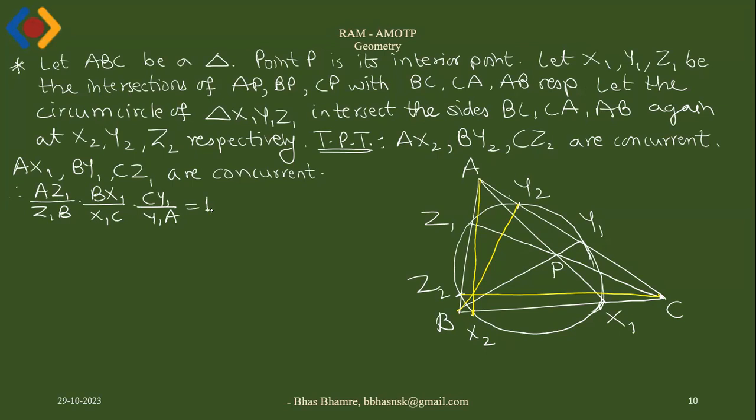Now, if I want to show that AX2, BY2 and CZ2 are concurrent, then by the converse of Ceva's theorem, I want the ratio AZ2 over Z2B times BX2 over X2C times CY2 over Y2A to be equal to 1. Okay, so there we need to reach. That is the form that we need to show.